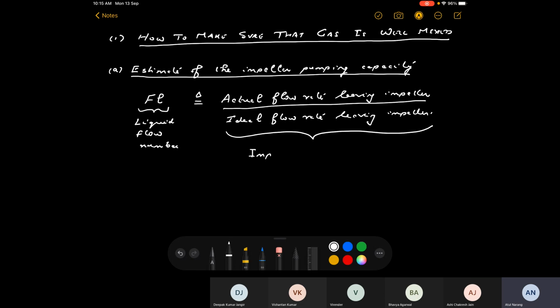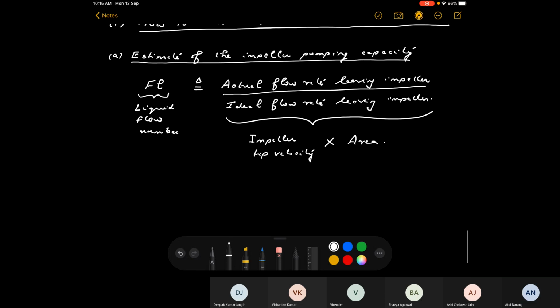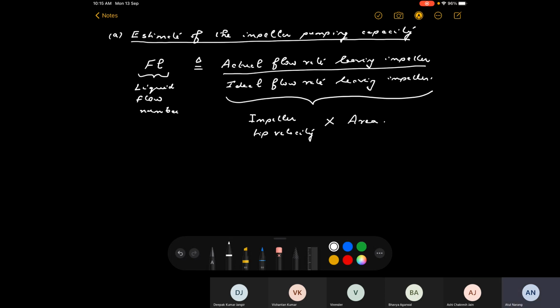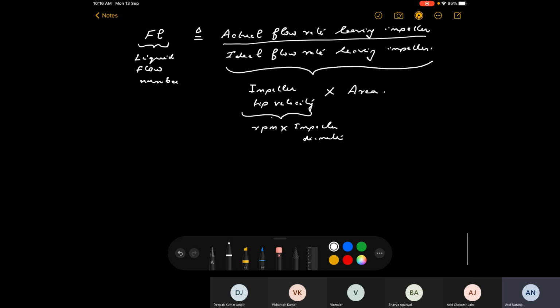So this is basically estimated by the impeller tip velocity multiplied by some measure of the area. Now, the impeller tip velocity is nothing but the RPM multiplied by the impeller diameter. This is that omega R formula that you must have seen.